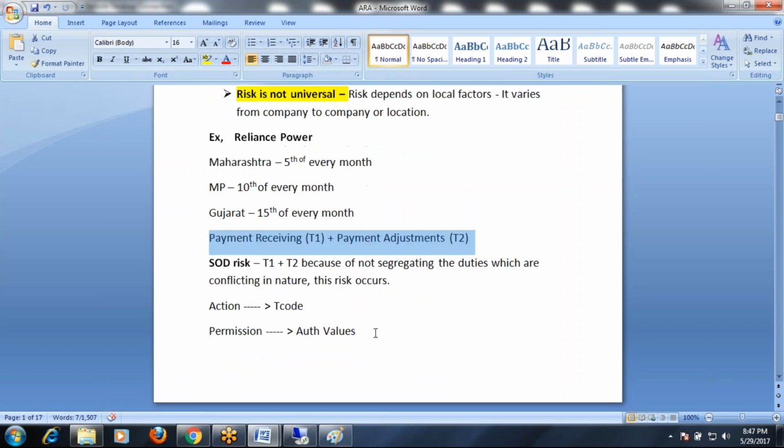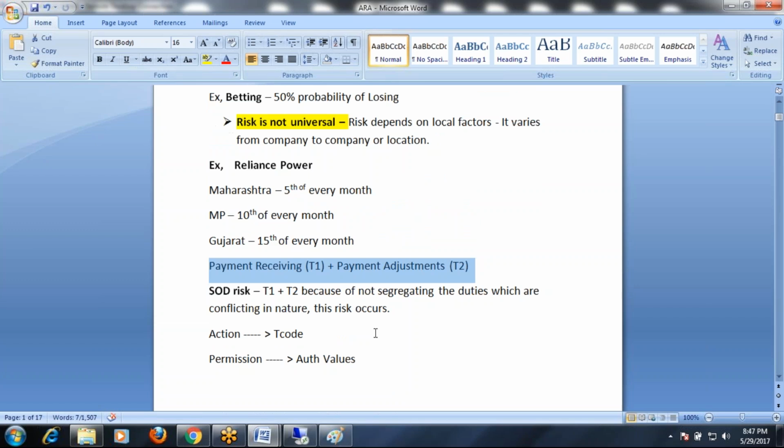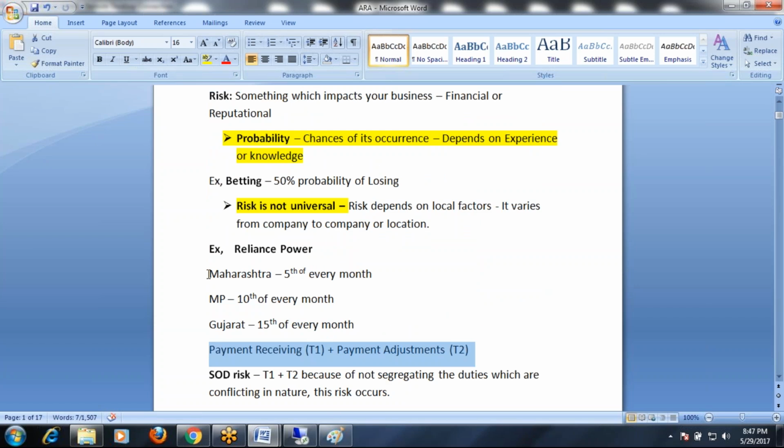But now just imagine the same case within Gujarat. Gujarat supplies power to multiple customers, say 10K industries.